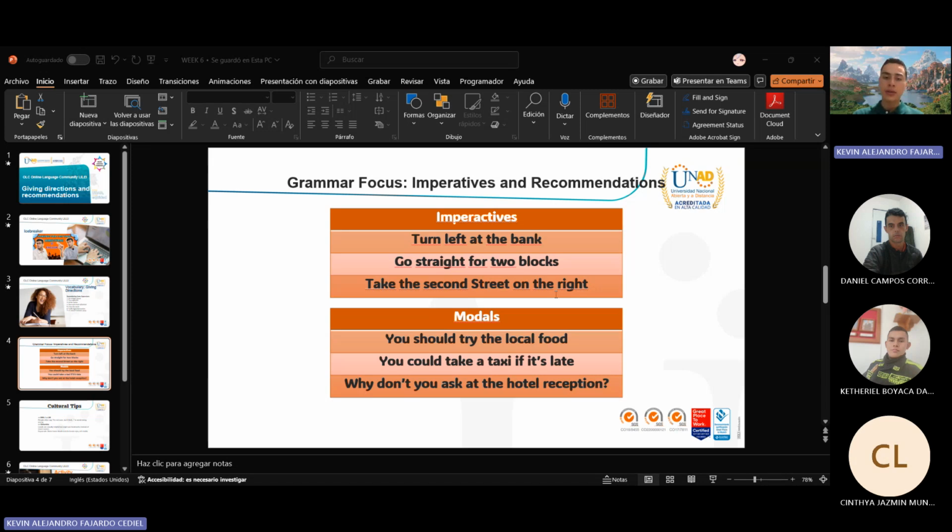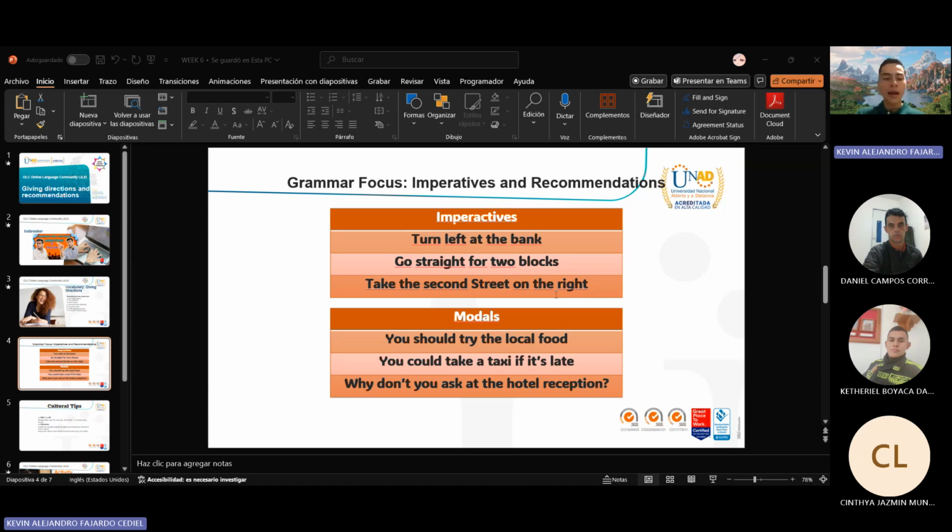The subject, I mean "you", is not mentioned because it's understood. When you say "turn left at the bank," it's understood that you have to turn left at the bank. Or when someone tells you "go straight for 2 blocks," it's understood that you have to keep walking 2 blocks.